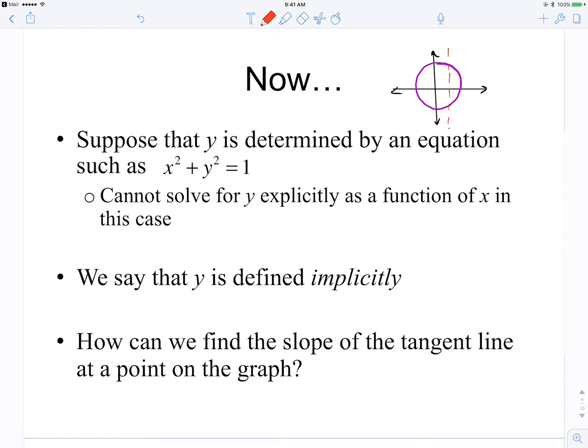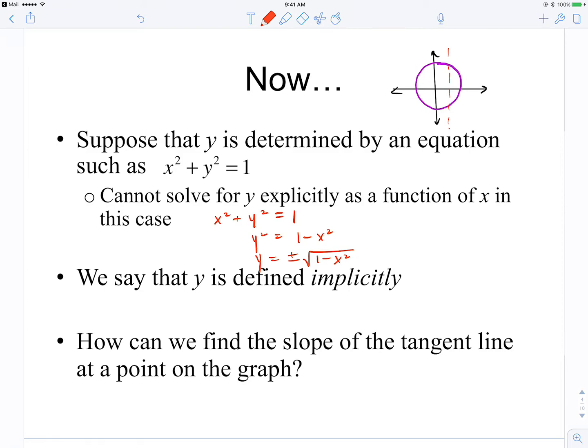If we take the equation and try and solve for y, we'd get y squared equals 1 minus x squared, and then y equals plus or minus the square root of 1 minus x squared. So we ran into the same issue that we did with y squared equals x.